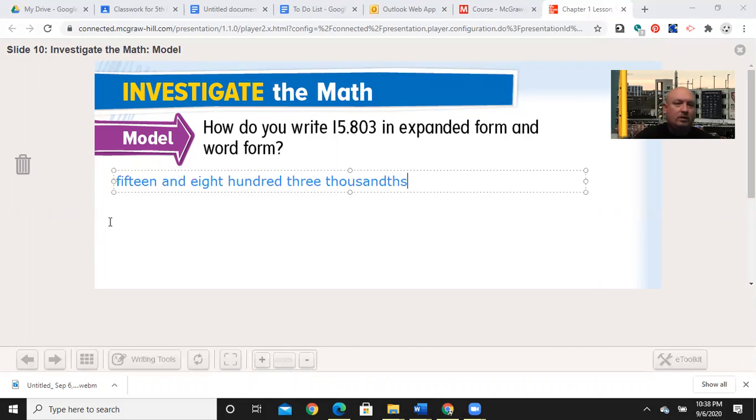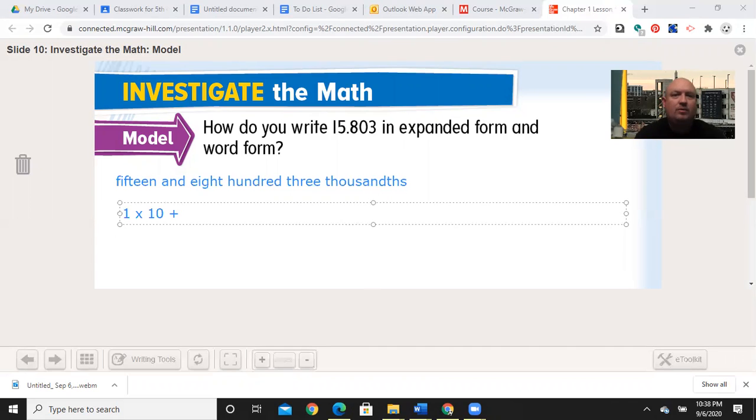That's the word form. Let's do the expanded form, which will be a little more challenging. First we get into the tens place, and I have a 1 times 10, plus, now we get the ones place, and so there's 5 times 1, plus, and this is where I start using these fractions so that we can tell when we're in the fractions.